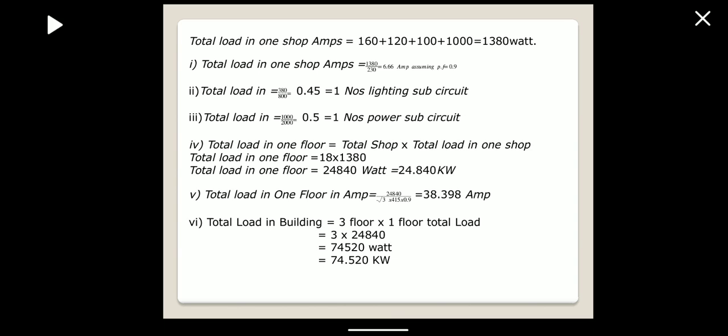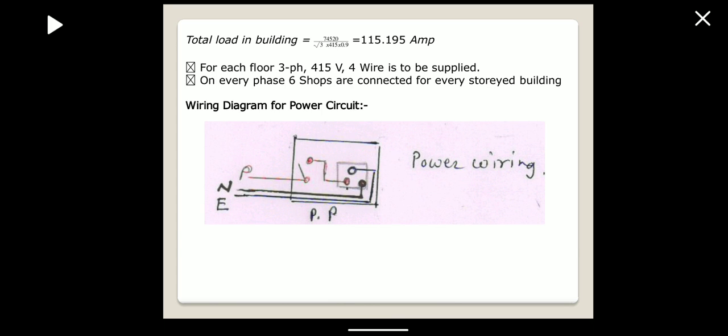And for the overall building of 3 floors, the total load is 3 into 24840, so 74 kilowatts is the total load in the building.